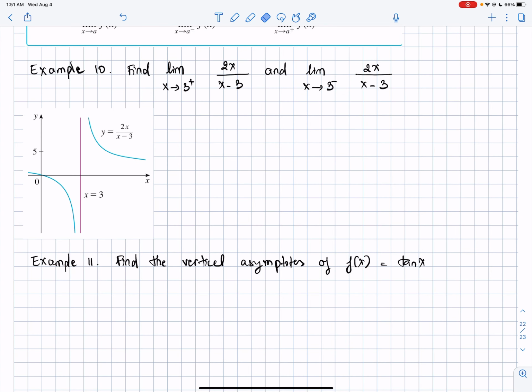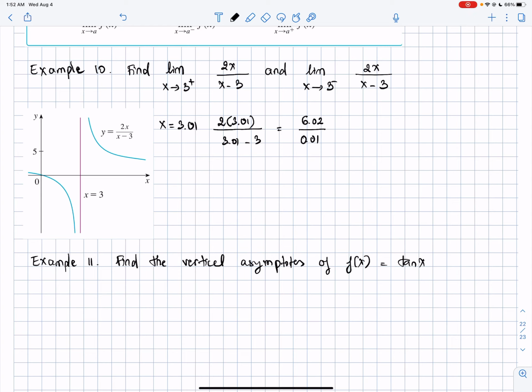When x approaches 3 on the right side, 3 plus, it means you can plug in a number like 3.01. Then we have 2 times 3.01 divided by 3.01 minus 3. So on the top it will be 6.02 and in the bottom is 0.01.